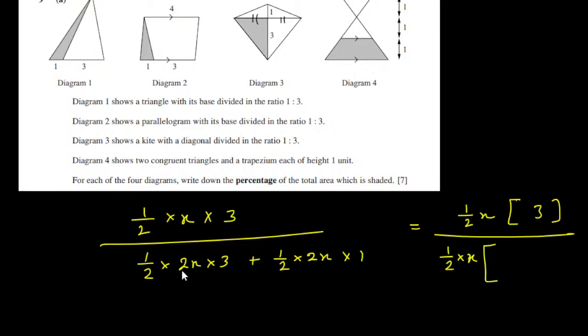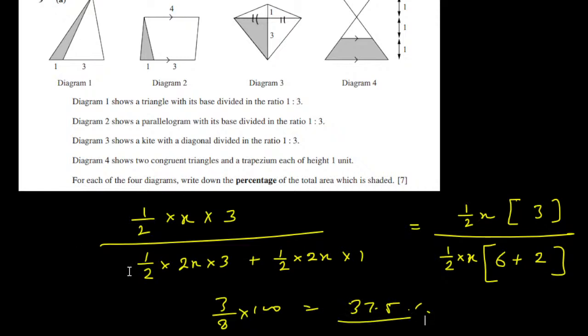So here the numerator is 3 only, and divided by half into x common, 6 plus 2. So this is 3 divided by 8. So it's 3 divided by 8 times 100, what we will get? It's 37.5%.